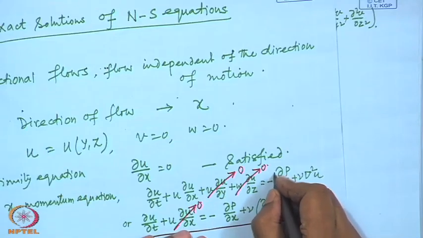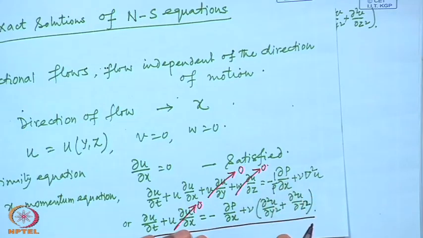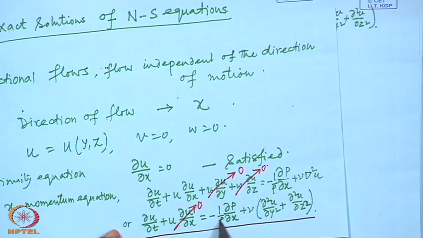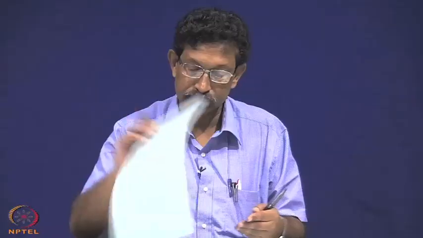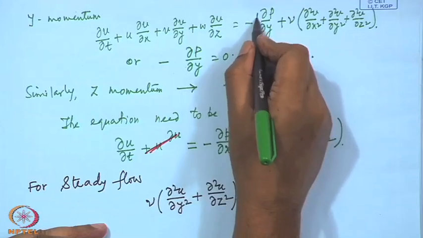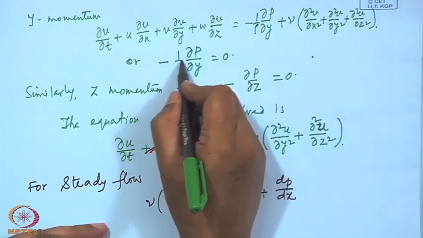So, as a result, what will happen in this equation, there will be 1 by rho. All these equations there will be 1 by rho as we had in the original equation. You can also have 1 by rho and 1 by rho.